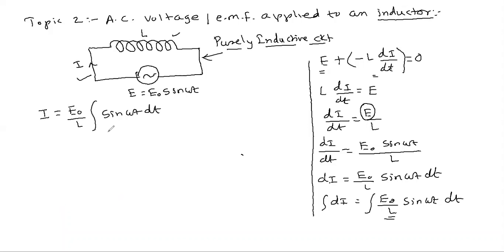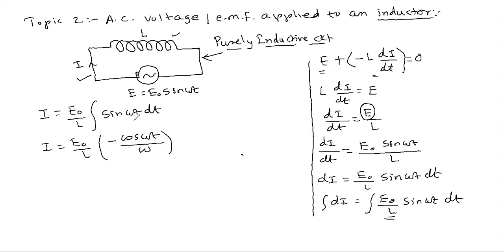Now students, you know the integration of sine of omega t dt. So I is equal to E naught upon L into, what is the integration of sine of omega t dt? That is minus cos of omega t upon omega.